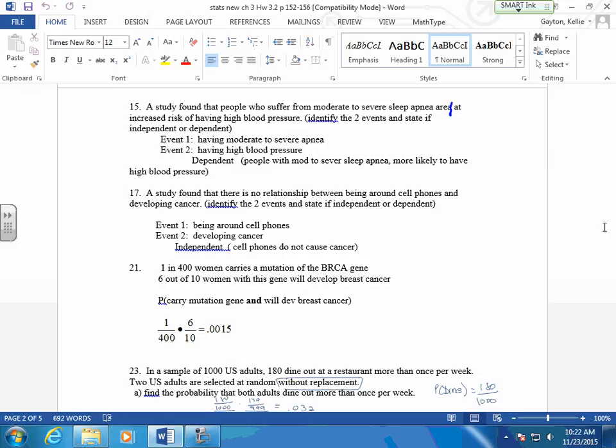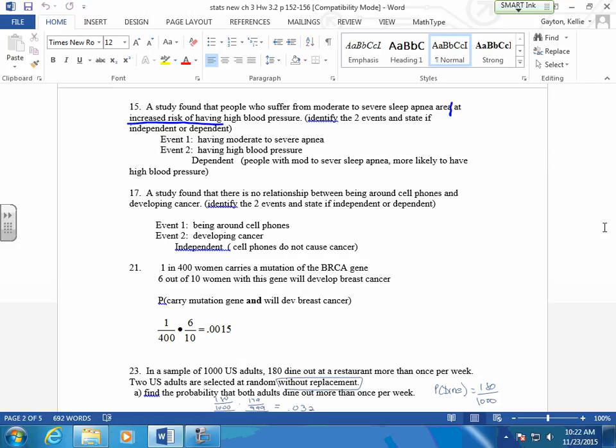So would you find that that is dependent or independent? Dependent. And what gave it away in the words? What is the relationship between them? There's a relationship between them. You have an increased risk if you have this. So that gives you that dependency. It's dependent on that.